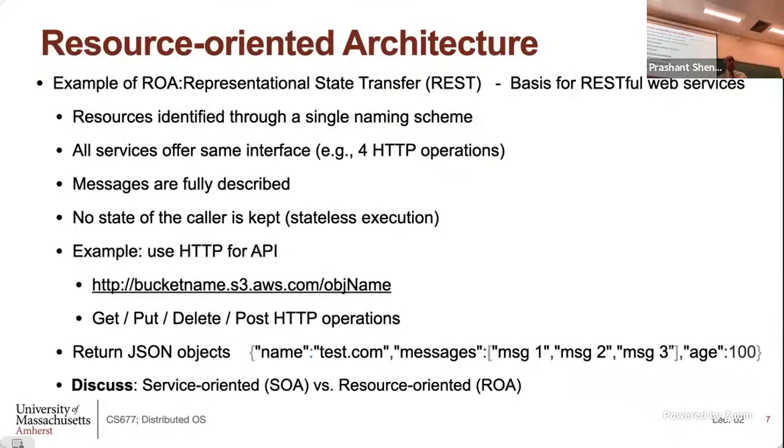Yes, your question. The question is, what's the difference between resource-oriented and object-oriented, except that you're using HTTP? Yes, that is exactly the difference. If you write your application as object-oriented, but the objects speak HTTP rather than RPC, you're going to get a resource-oriented architecture.